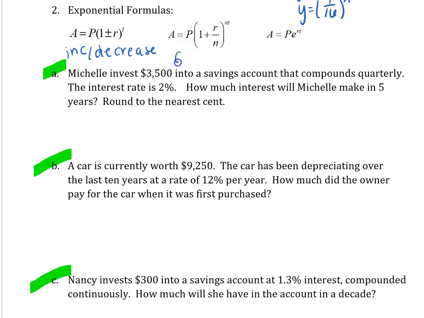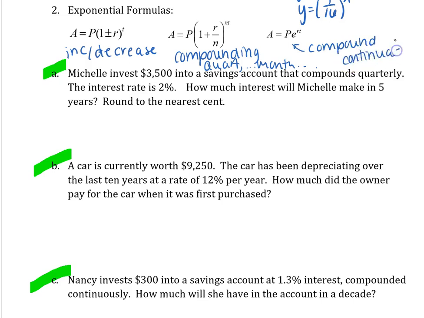This next one is compounding, and that's compounding quarterly, monthly, etc. Okay, so compounding over certain intervals of time. And this last one is compounding continuously. It will actually say continuously in the problem. And you'll know to use it that way.